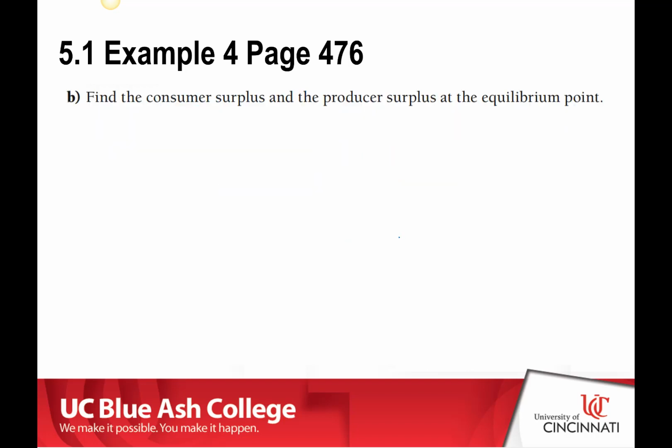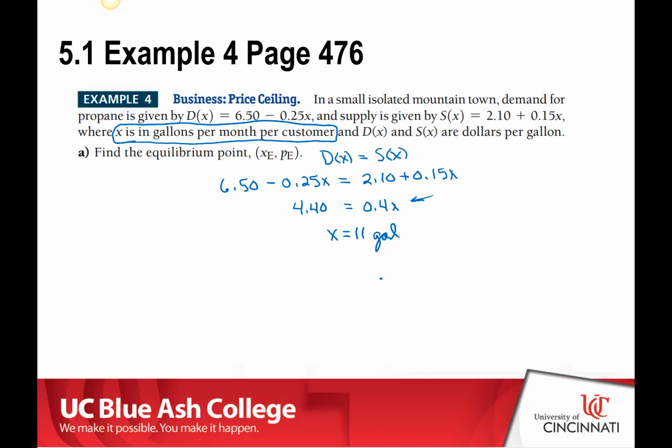Well, this equilibrium price can be determined by substituting x equals 11 into either the demand function or the supply function. We'll work it out with both of them so that you can see it works out to be the same price either way. We have 6.50 minus 0.25 times the x value, which is 11.